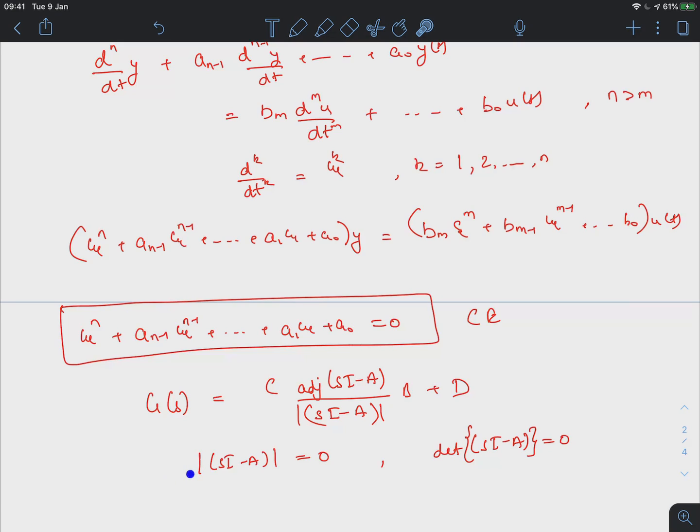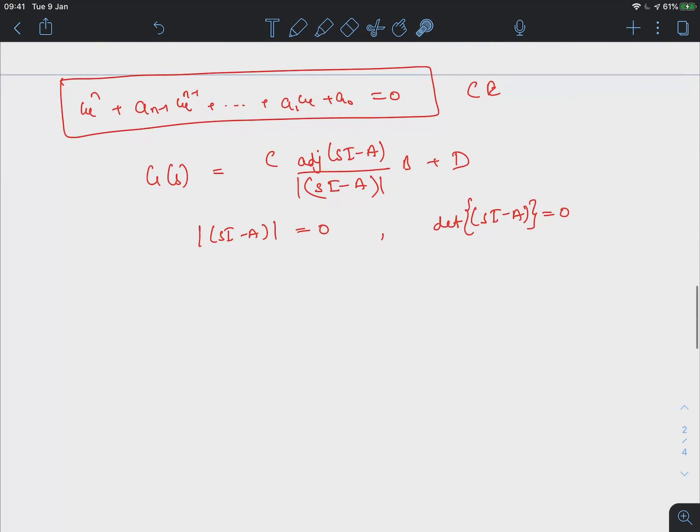Okay, the roots of this characteristic equation become the eigenvalues, and any non-zero vector, let's call it pi, that satisfies the matrix equation for some lambda_i, let's say (lambda_i I minus A) pi equal to 0, where A is the state matrix of the state space representation.